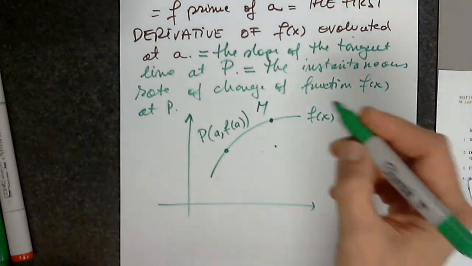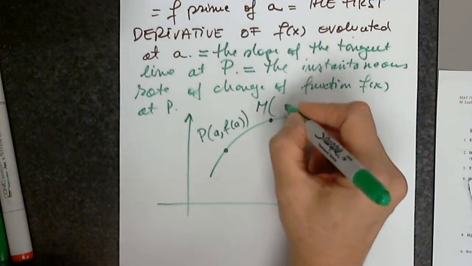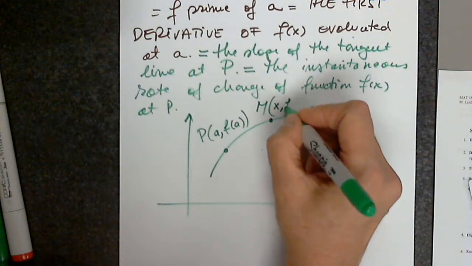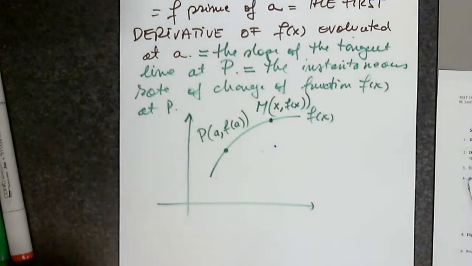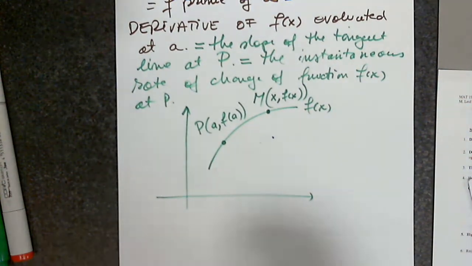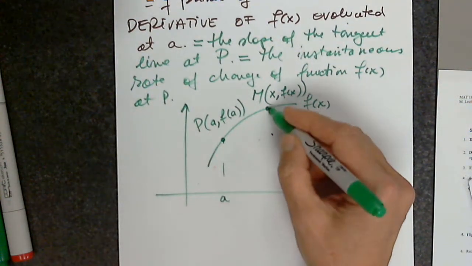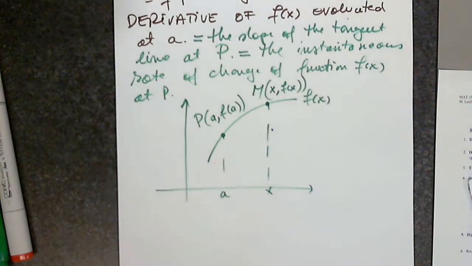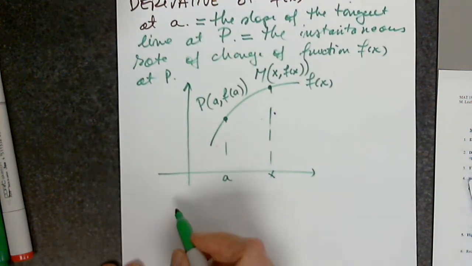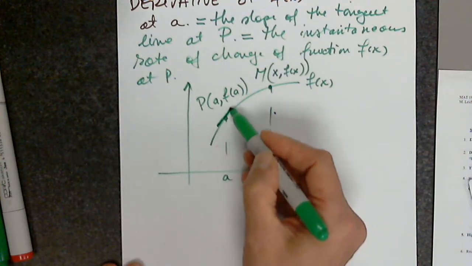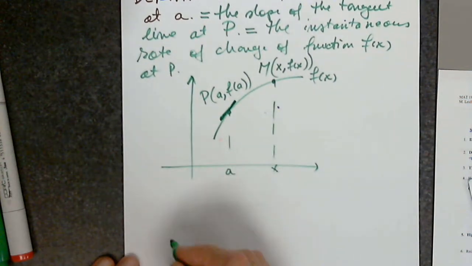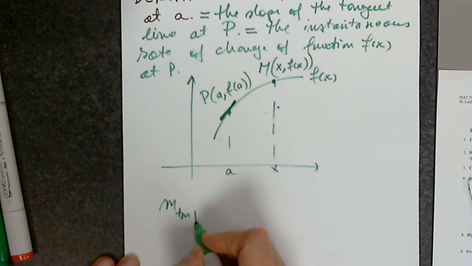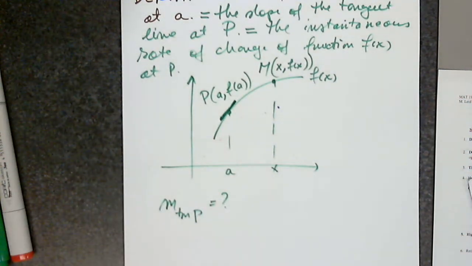I'm going to put m, not to be confused with the other one. But this time I'm going to write x, f of x. So this is a, and this is x. I want to determine the same thing. My question is, how do I find the slope of the tangent line at P?